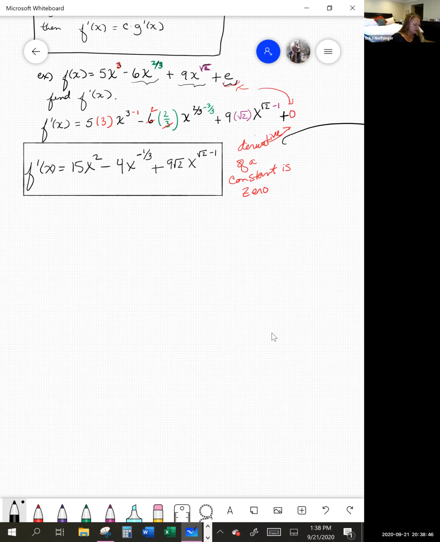Okay, so derivative sum rule. I'm just going to call it the sum and difference rule.